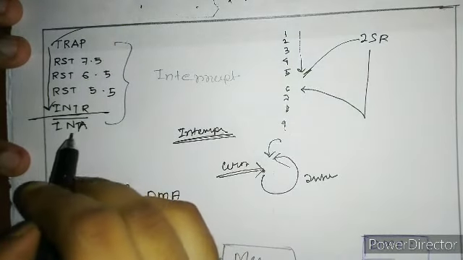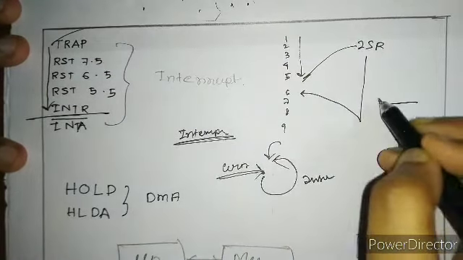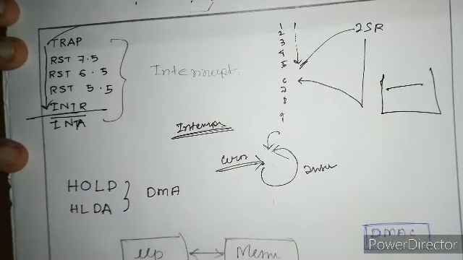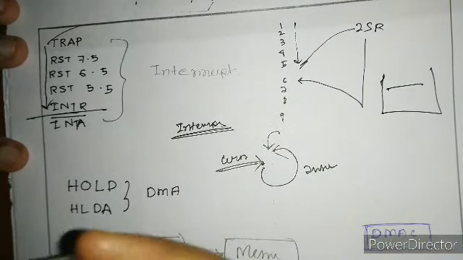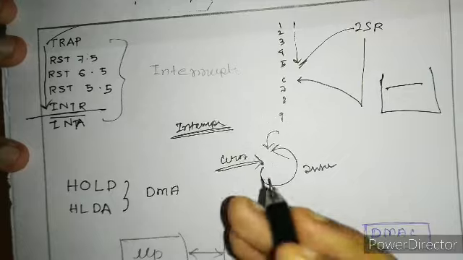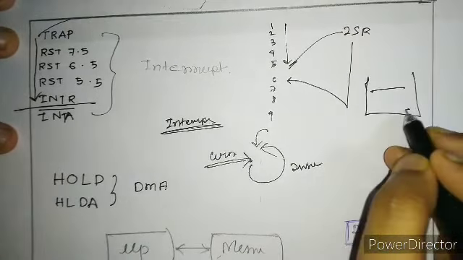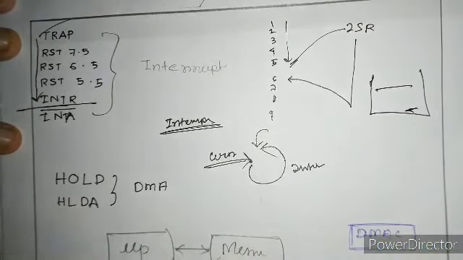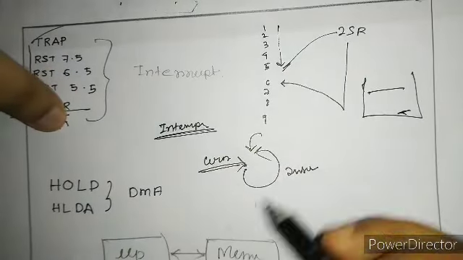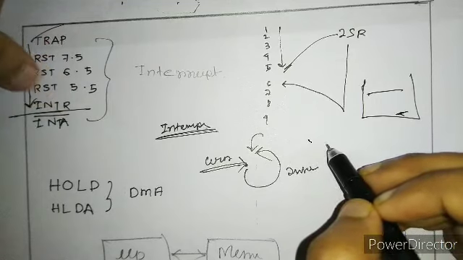So the interrupt will come from outside, right? This is why some of them are inputs coming inside and some are outputs. I will explain why in the interrupt video, but for the pin diagram this is enough.